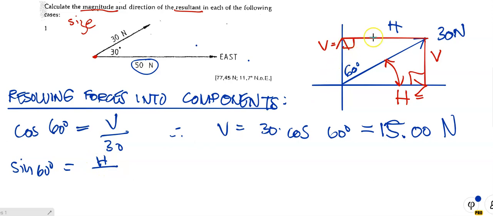It's the opposite over the hypotenuse. Sorry, 30 Newton there. Therefore H is equal to 30 sine 60.